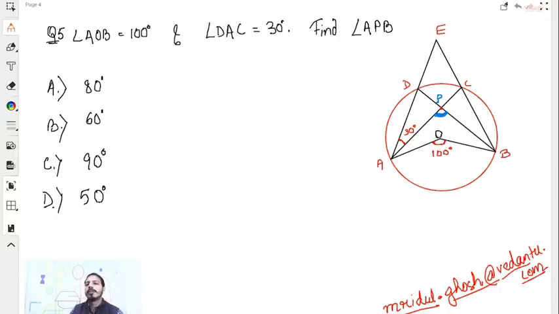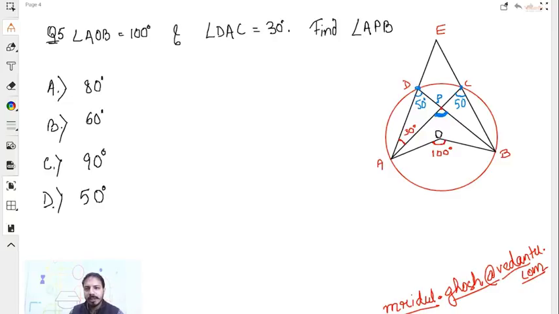So you have to apply this. For example, you can say that this angle is half of this angle. So you can say this is 50 and this is 50, because both of them are on the same side and both these points are on the circle. Now how will you solve it?